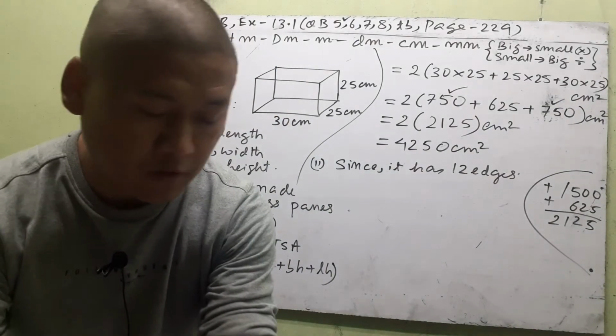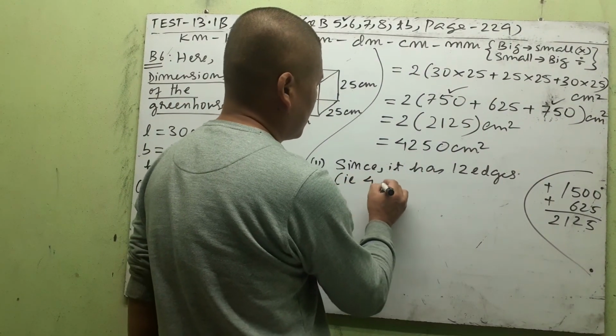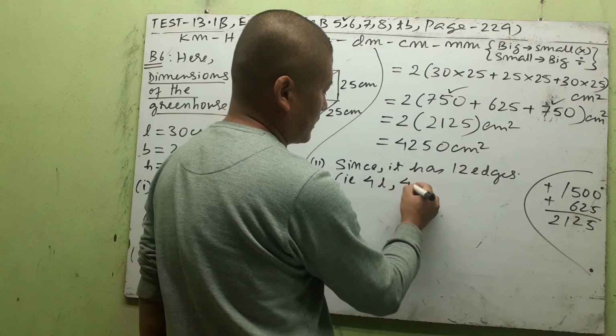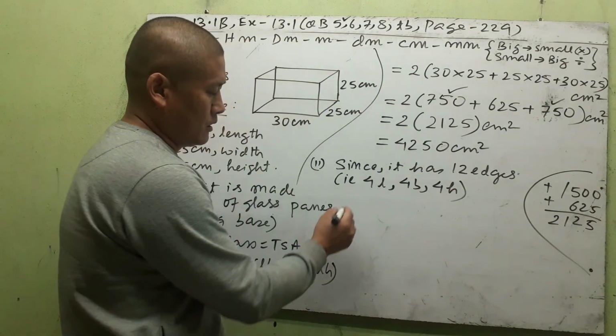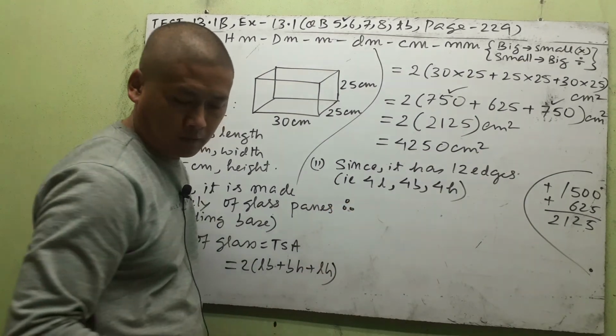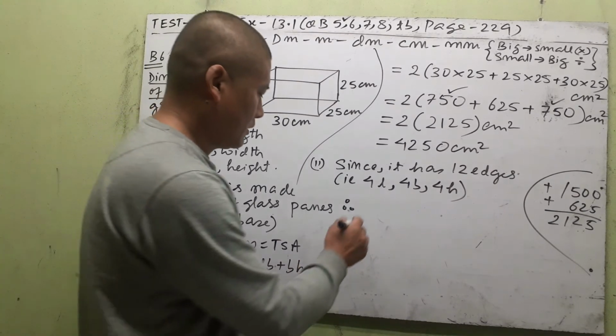So that means since it has 12 edges, that is 4 lengths to put the solid tape, 4 breadths to put the solid tape, 4 heights to put the solid tapes. Therefore, how much tape is needed?